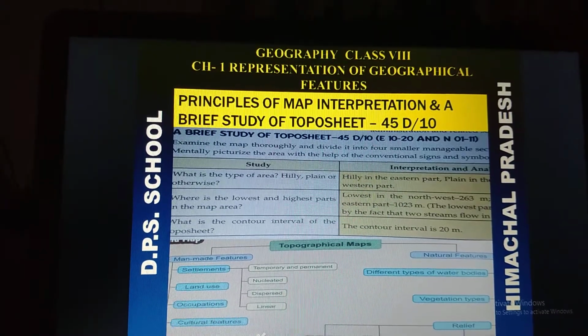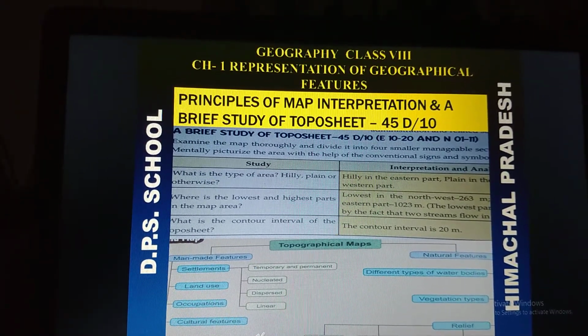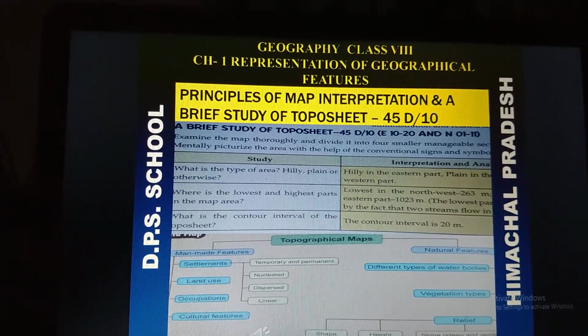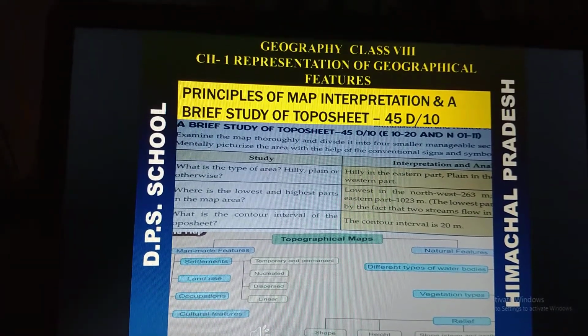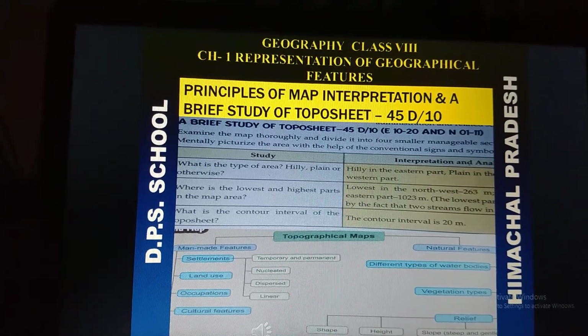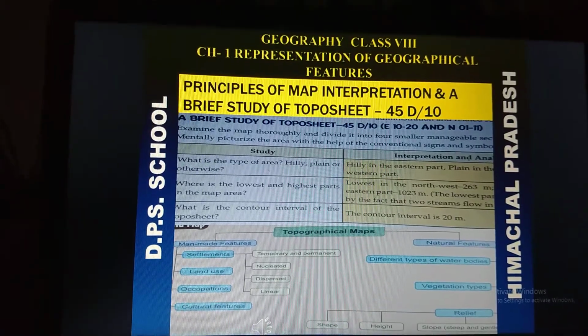You can see there are two halves. One is the study and one is the interpretation and analysis. Now what do you mean by analysis? Analysis means to think deeply, and interpretation means to explain with accuracy.